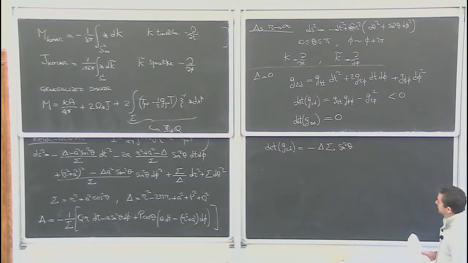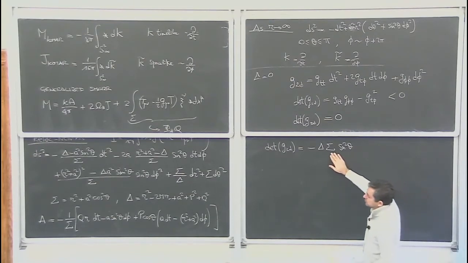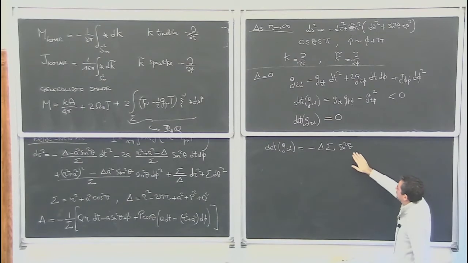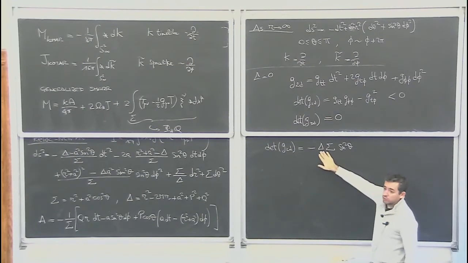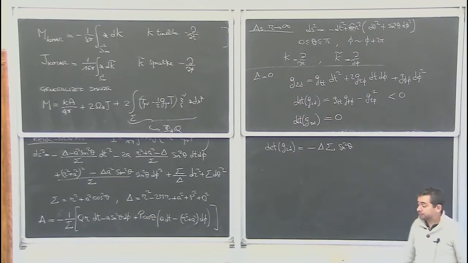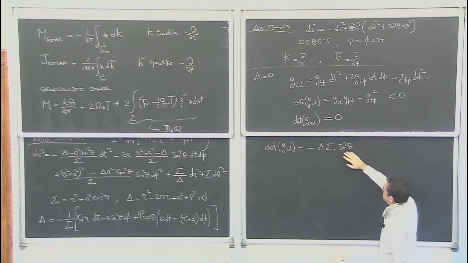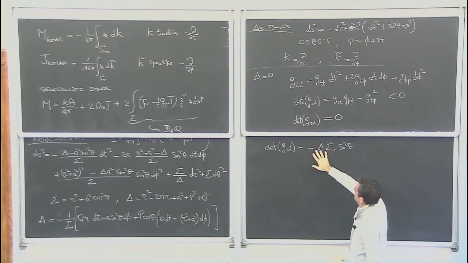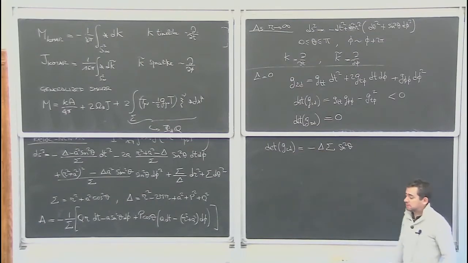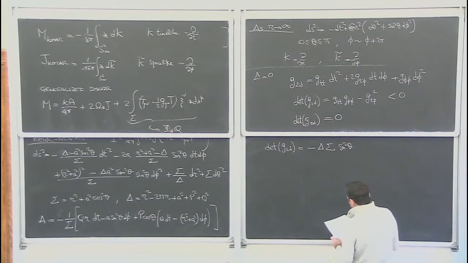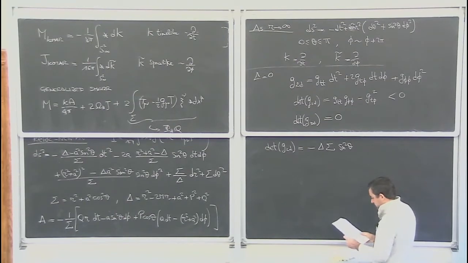So as long as sigma is always non-vanishing, and sin squared theta, apart from theta 0 and pi, is non-vanishing, as long as delta is non-zero, this matrix is indeed non-degenerate and Lorentzian. But when delta is 0, I have something particular. This we already saw, at least in these coordinates.